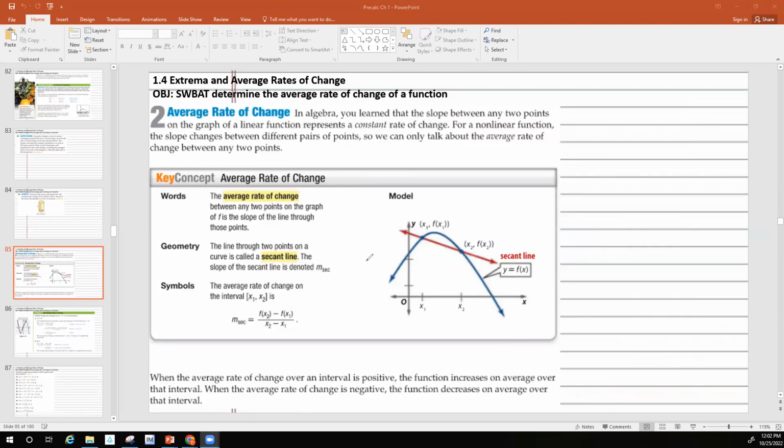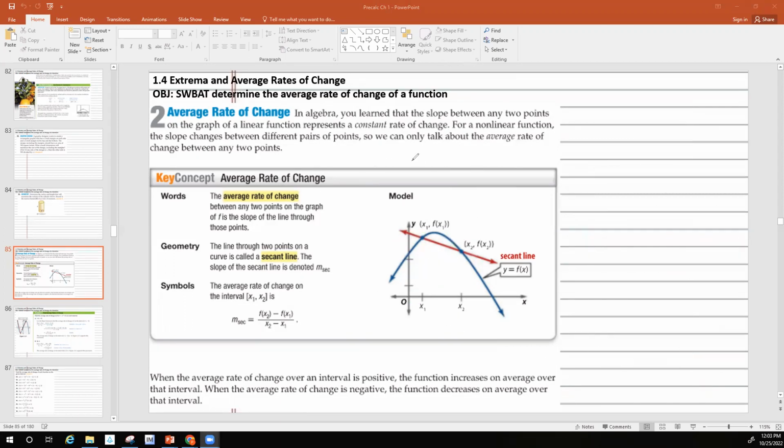So here our slope is going to be, and sorry, these are secant lines because from geometry, they intersect twice. So finding the slope of this line is going to give us the average rate of change, how much it changed on average between here to here.